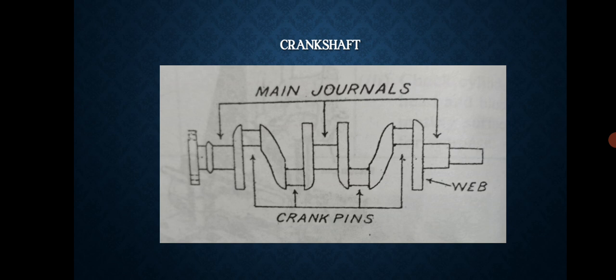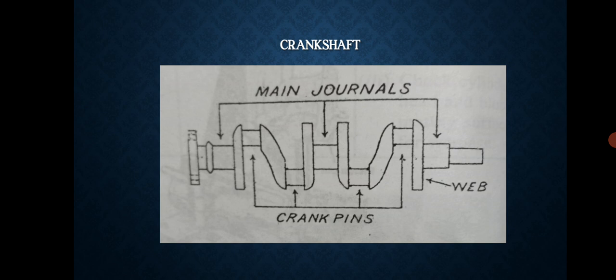In the assembled engine, the front end of the crankshaft carries a gear or sprocket that drives the camshaft. Some automobile engines have the crankshaft fitted with a device known as a torsional vibration damper, which combats torsional vibration in the crankshaft.